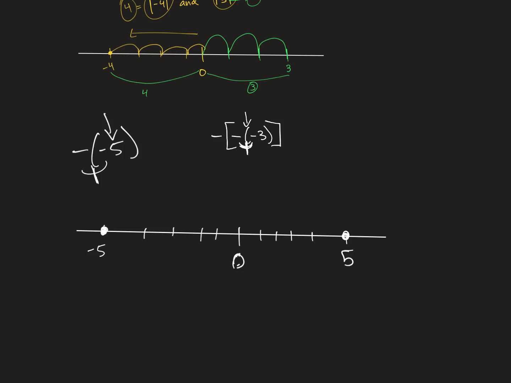So with that, it's going to be 3 in here. If we keep this on the outside, we'll have 3, and then we have a negative out there. So we would have 3 here, but we still have the negative, so it's actually going to be equal to -3, and I would go 1, 2, 3 to find the opposite of that.